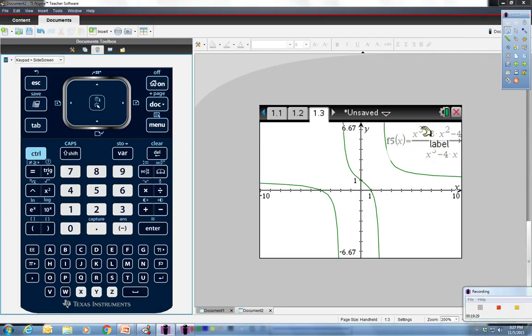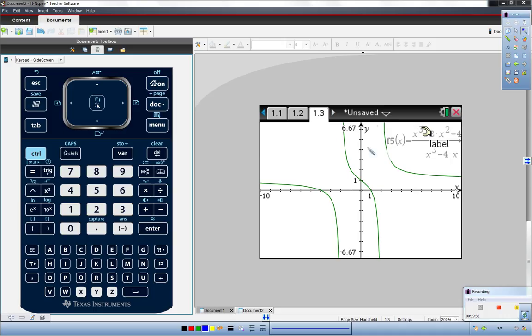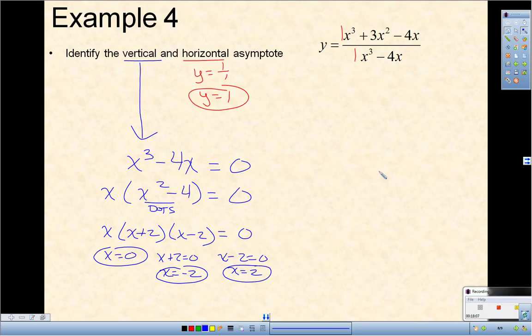And then, sure enough, we have our vertical asymptote here at 2, and we also have a vertical asymptote at negative 2. Now, the one that might be surprising is that if you remember a while ago, we said that we're going to have one also at 0. At 0. Well, there's one thing I want to go over right quick.